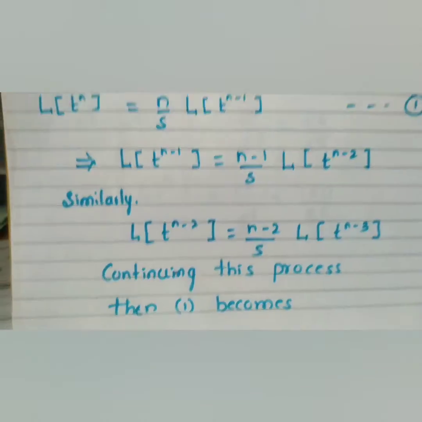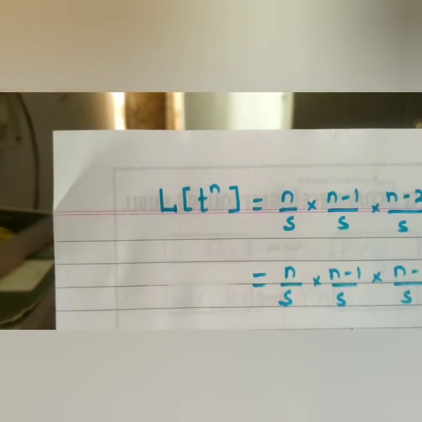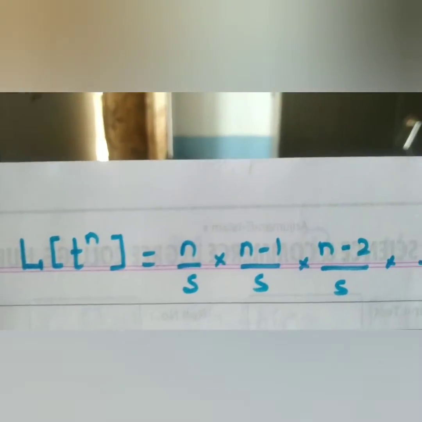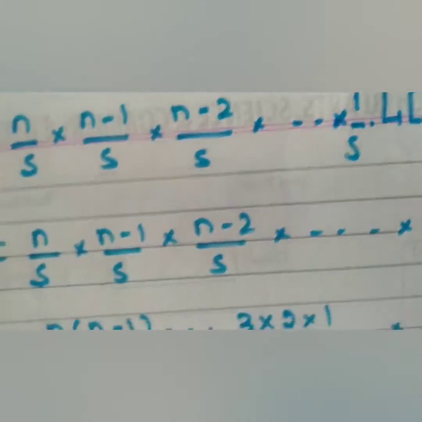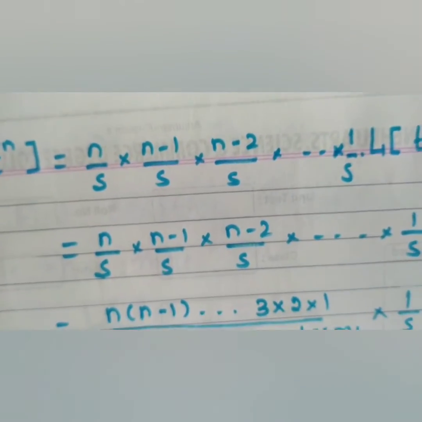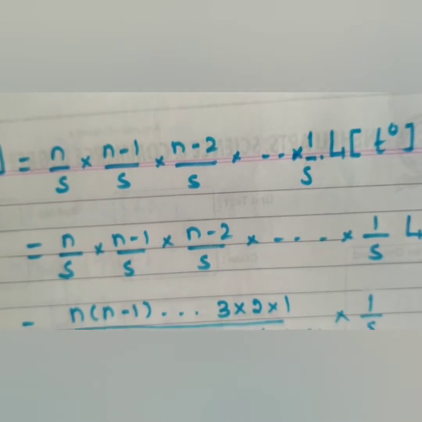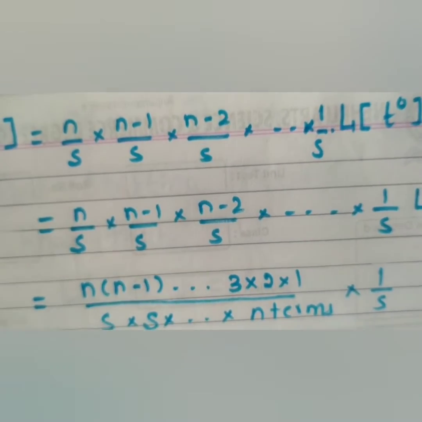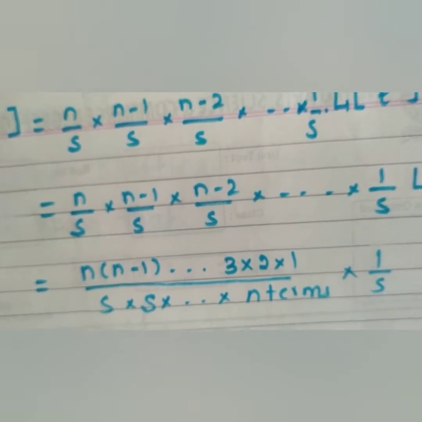Continuing this process and substituting all these results in L of t raised to n, we get n by s into n minus 1 by s into n minus 2 by s and so on up to 1 by s into L of t raised to 0. So in the numerator it is n minus 1, n minus 2, n minus 3 and so on up to 3 into 2 into 1, and in the denominator s into s into s, n times.